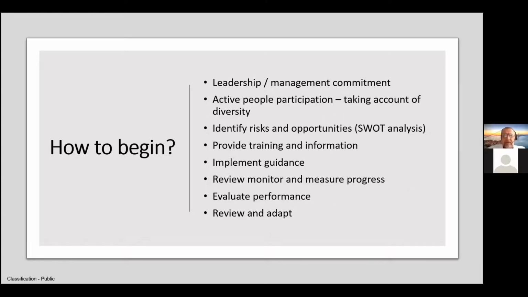And then some guidance on how to begin, really, making sure you have the leadership and management commitment to take the standard forward in place. You definitely need active people participation and to take account of diversity, so make that participation representational.